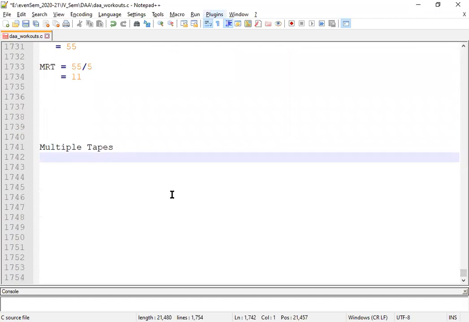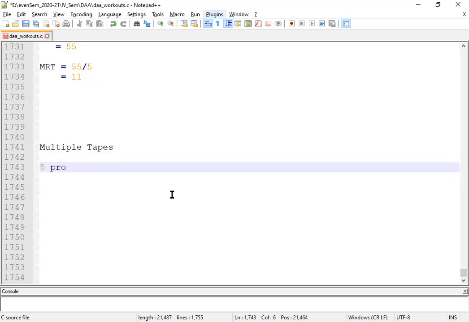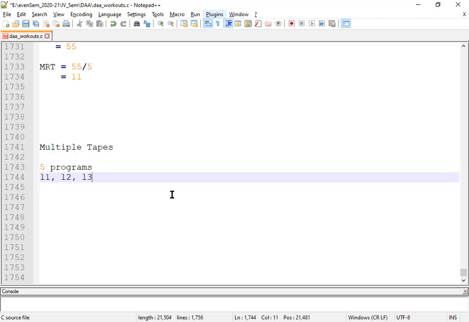Let me consider that there are, say, 5 programs: L1, L2, L3, L4, and L5. The lengths of these programs are considered to be 6, 4, 7, 1, 5.